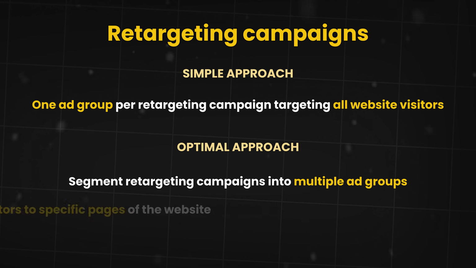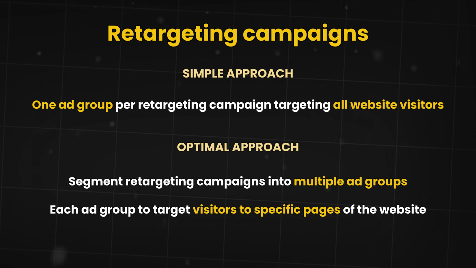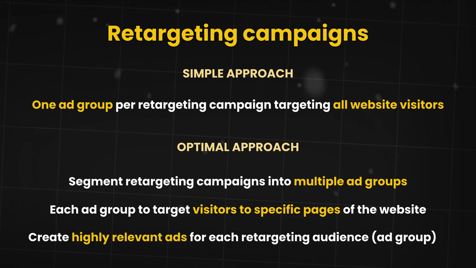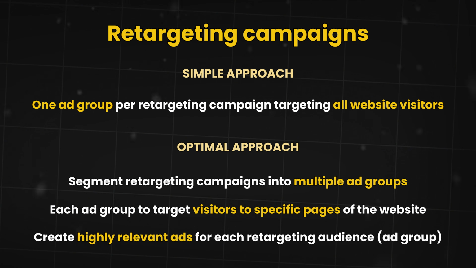Each ad group would target different visitors to a specific part of your website, maybe a specific category page or specific product pages, organized around a certain theme. This way, you can deliver highly relevant ads tailored to each specific audience segment based on what they were actually looking at on your site.